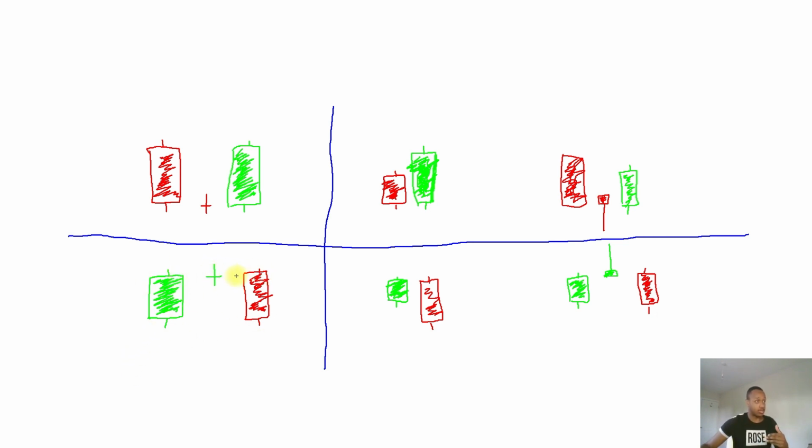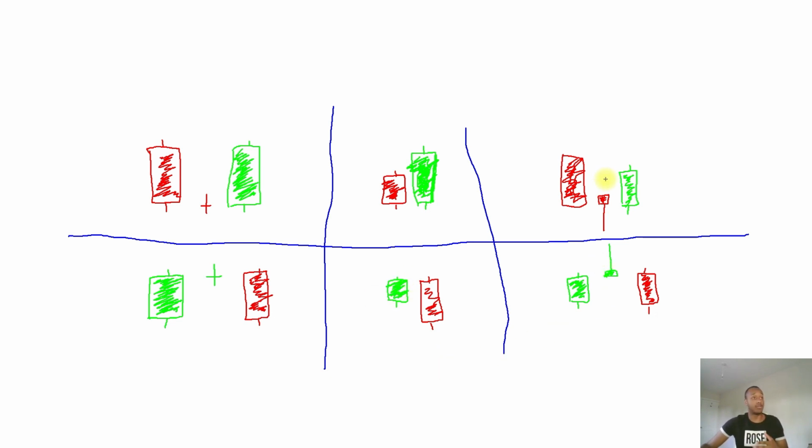This will occur at resistance. Now we have the engulf, which for this example would be at a support, and this candle engulfs the previous bear candle and indicates that price is going back up. The opposite is a bearish engulf, which happens at resistance, and this bear candle engulfs that bull candle, indicating that price will come back down.